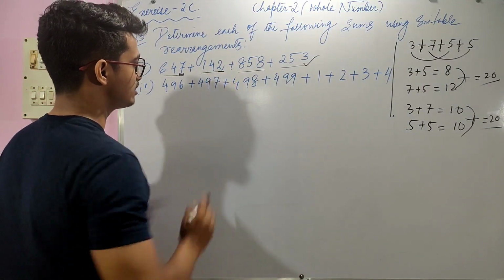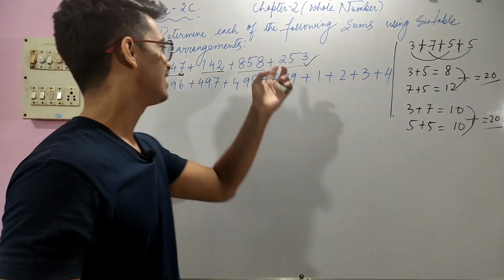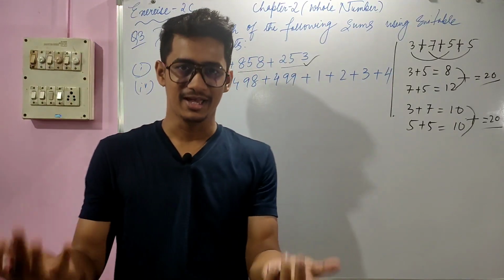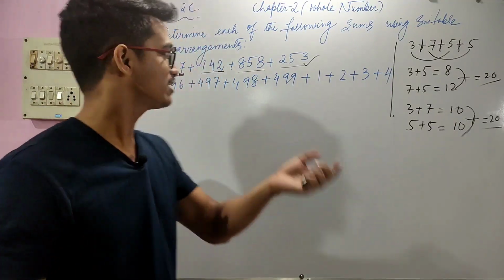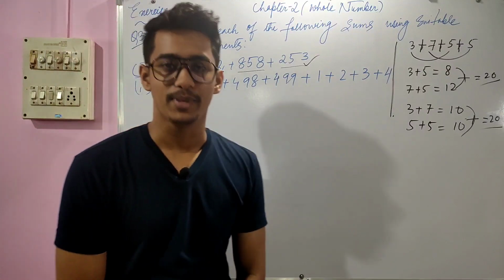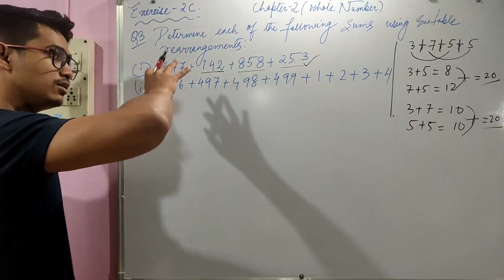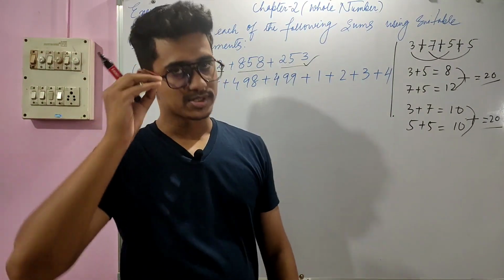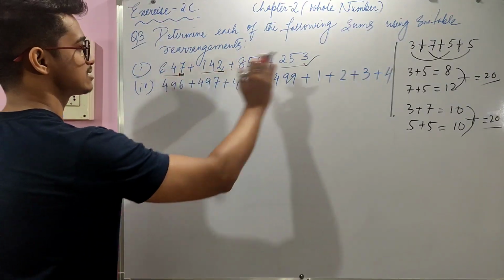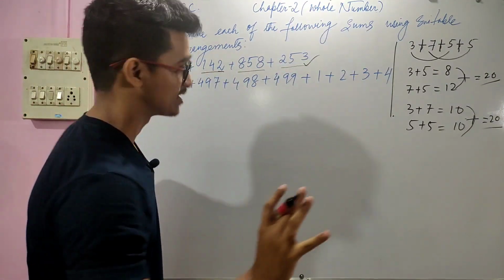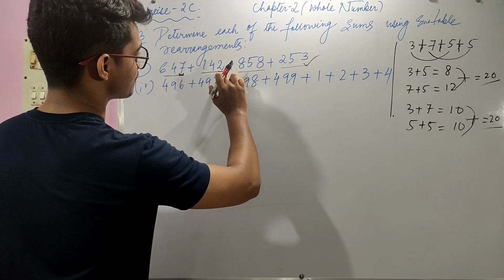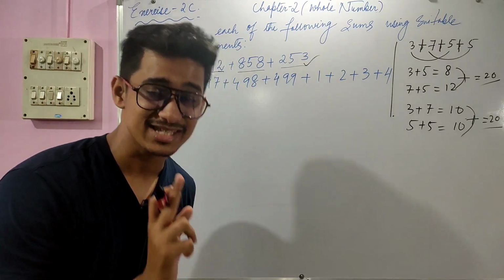Now the last number is 858, and 142. It is very understandable that these two get paired off, and the formula is absolutely the same for this condition as well. Here the ones place is 2.